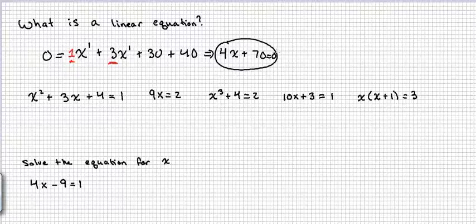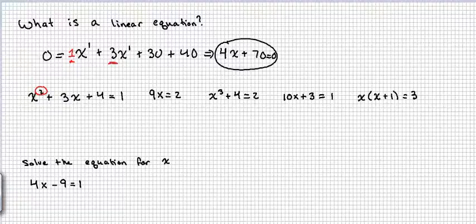So what we're going to be doing here is I've listed 5 equations down here, and we're going to circle the ones that are linear, and the ones that aren't, we're just going to reason why. So the first one, well, we do have an x to the first here, but it's not the highest term.